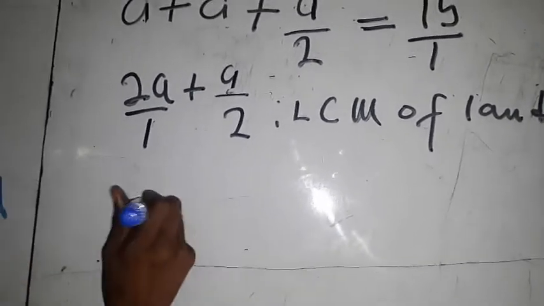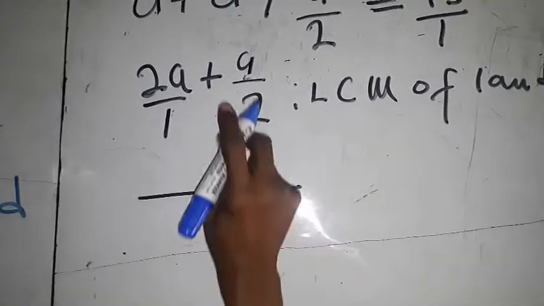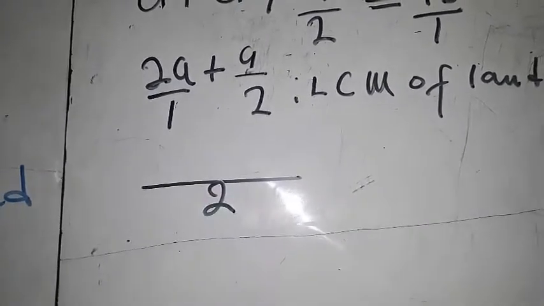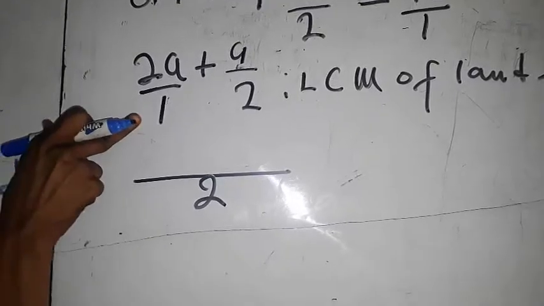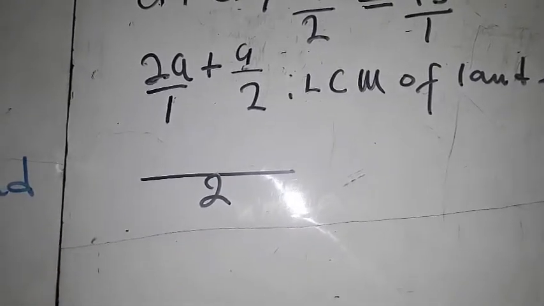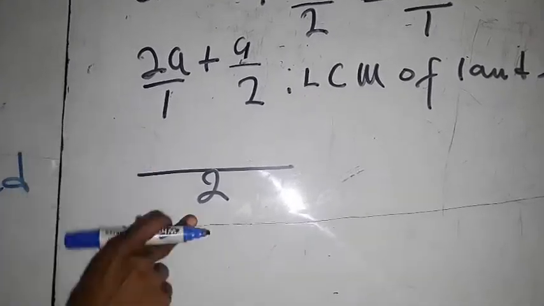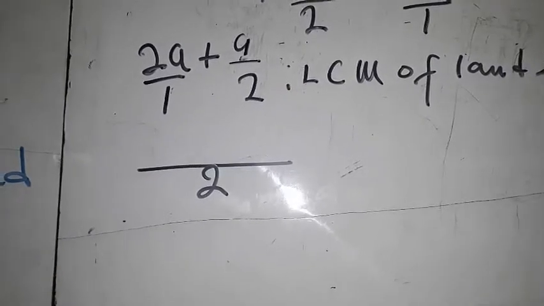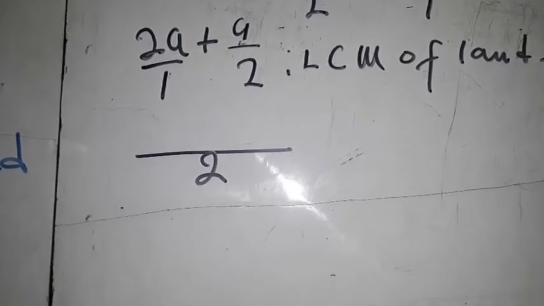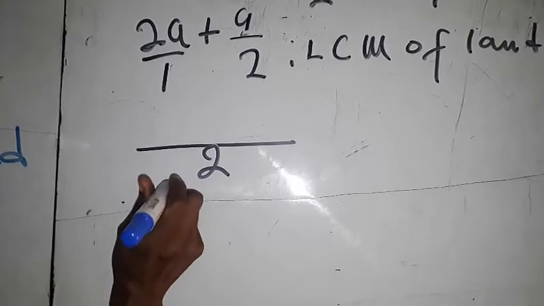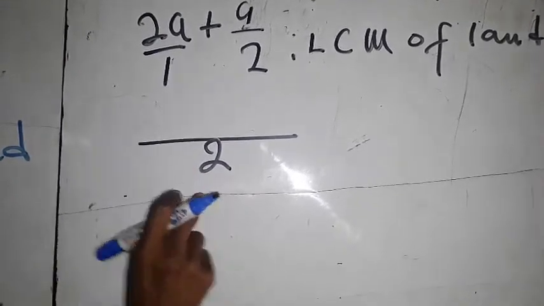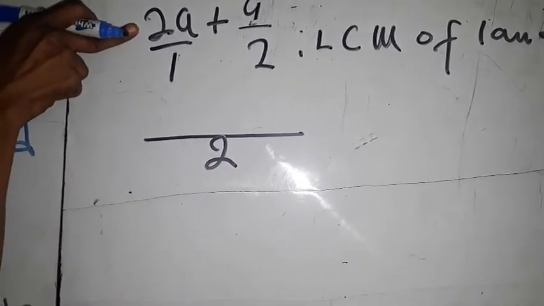So let's do it as we were taught already. LCM of 1 and 2 is 2. Now 2 into 1, 1 into 2, how many times? It's going to be 2 times. That 2 times, the time that you have 2 here, times this other 2.